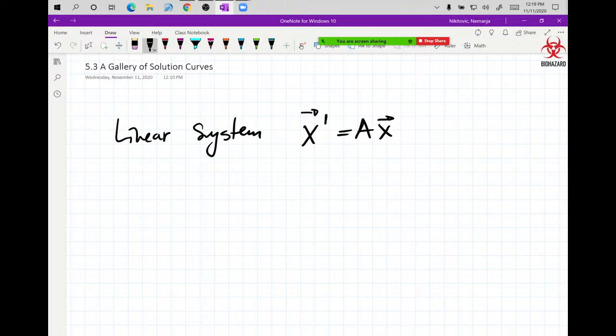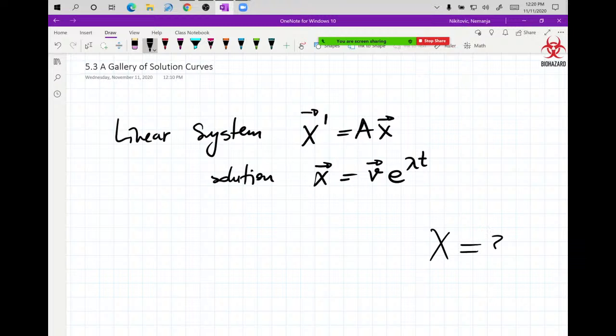So now when we have a system like this, we said that the solution for that system is your vector v times e to the lambda t. And again, this x is a vector, so that could be just an x and a y, or x1, x2, or it could have 15 unknown functions there, whatever. Now remember, this x is not a variable x equals 3.